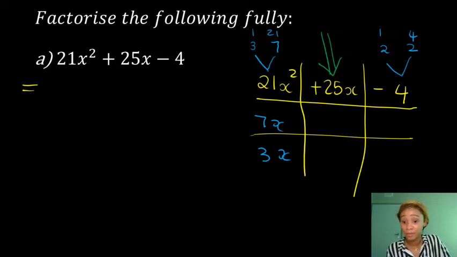Right. Now I have to be strategic and say, okay, I can decide to put a 1 here and then decide to put a 4 here. Now, look what happens. 7x times 4 will give me 28, and then 3 times 1 will give me 3. 28 and 3 should give me 25.